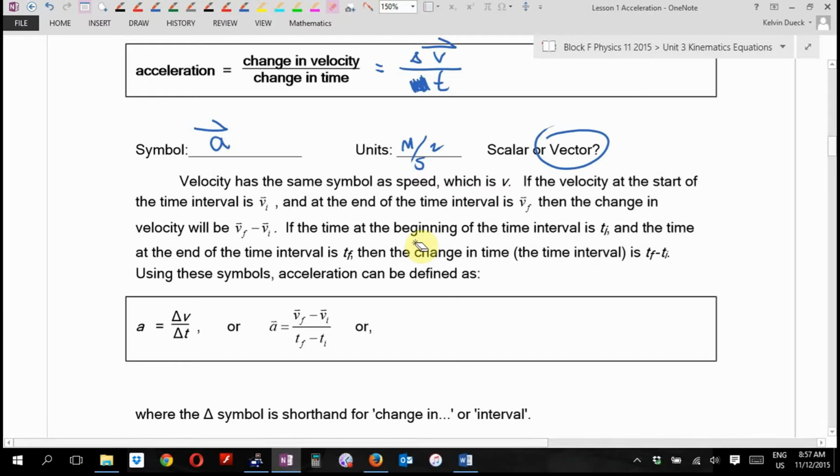And if the time at the beginning of the time interval is ti and the time at the end is tf, then the change in time is tf minus ti. So I can break it up into a equals vf minus vi all over tf minus ti, or you'll often see it written this way. Because we get lazy with time. Time is always a change.